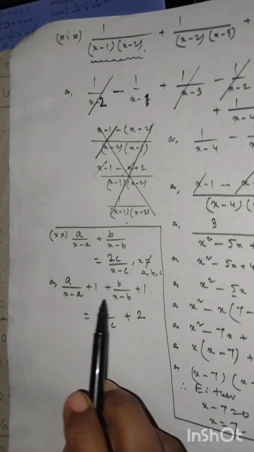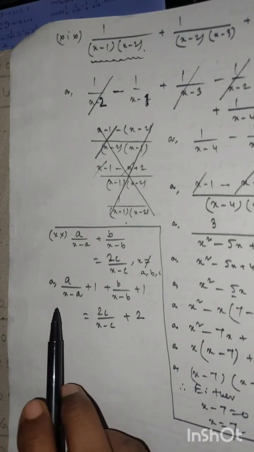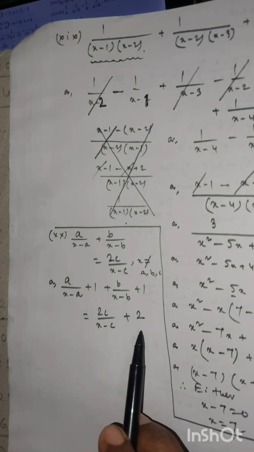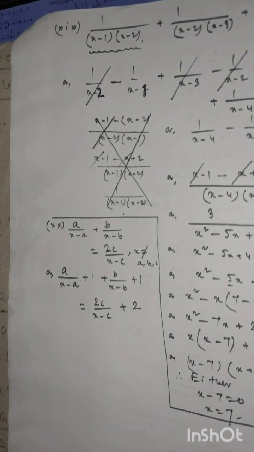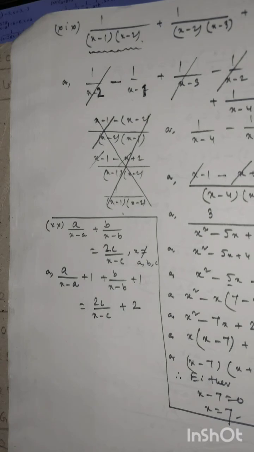This is plus 1 and plus 1 on the left side, and this is plus 2 on the right side. Both sides of an equation can be changed in a similar manner, or you can say we can add the same quantity to both sides of an equation.